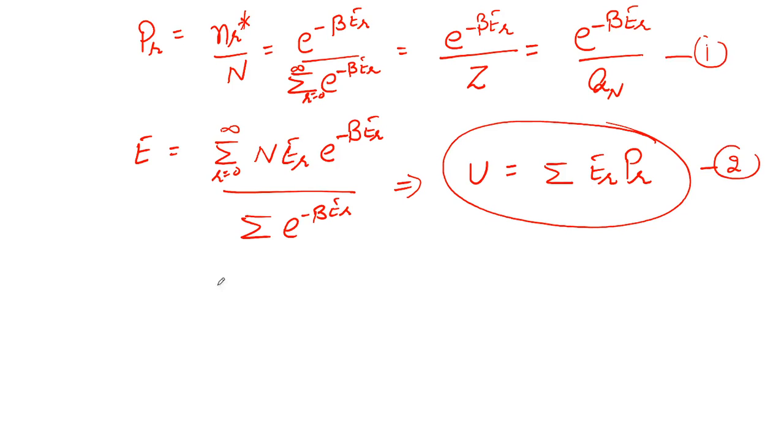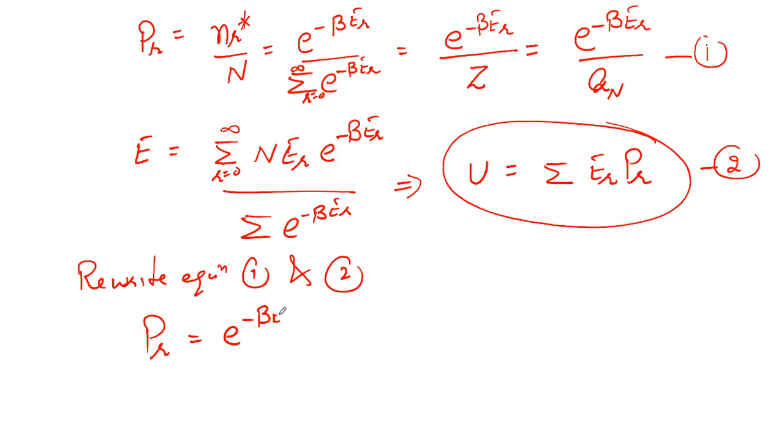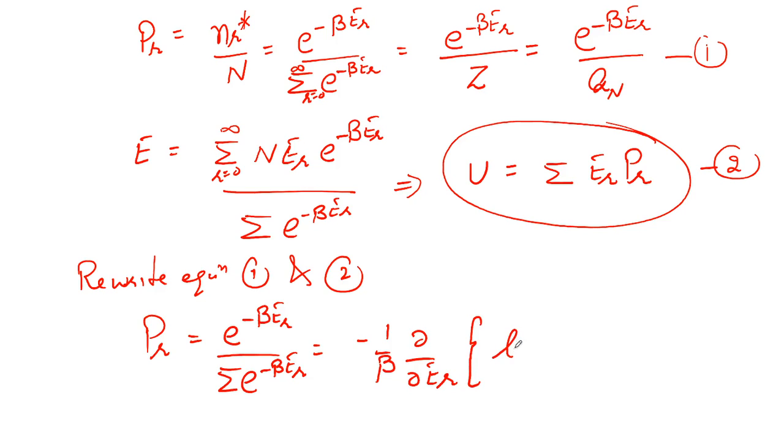So we can rewrite equations 1 and 2 like this. P_r, the probability function, is exponential of minus beta E_r over the summation of e raised to power minus beta E_r. I can write it as minus 1 over beta times the derivative with respect to E_r of the log of this partition function.